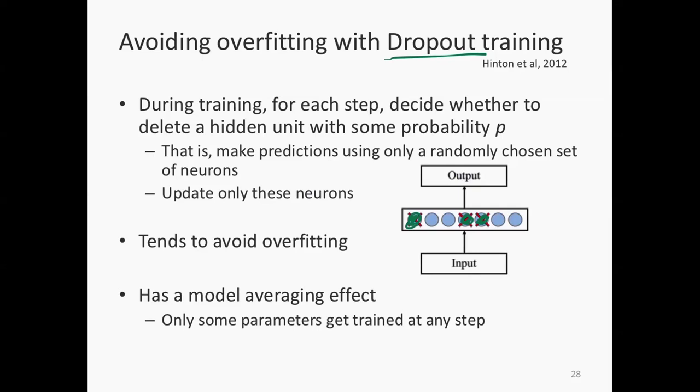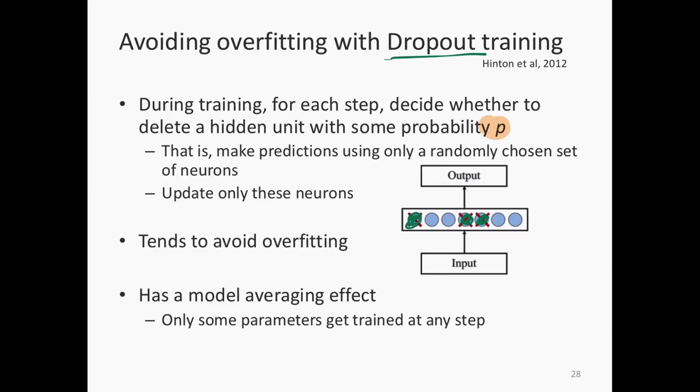So essentially, you have a hyperparameter now called dropout ratio. Some fraction p, where you delete a hidden unit with some probability p. You don't delete it, you basically mask it with some probability p, and then you want the rest of the neural network to be able to make the prediction without these masked nodes.